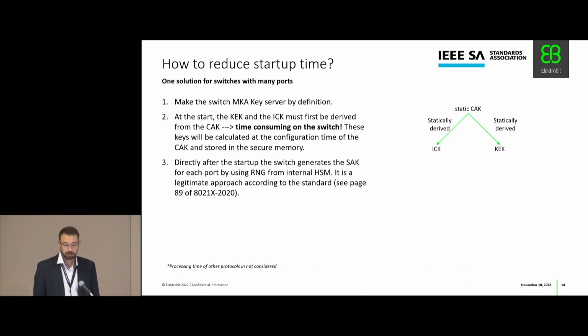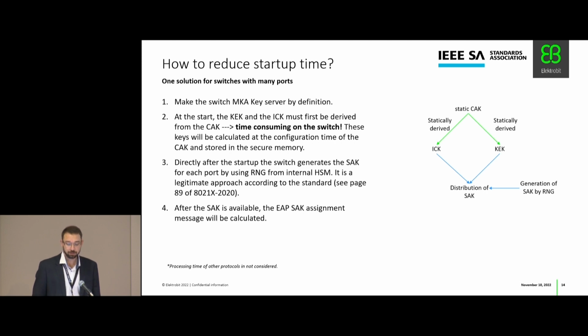And then, when we have the SAK already available, the EAP SAK assignment message can also be pre-calculated, which means we can use the statically derived ICK and KEK. We can quickly calculate the SAK and the EAP SAK assignment message.